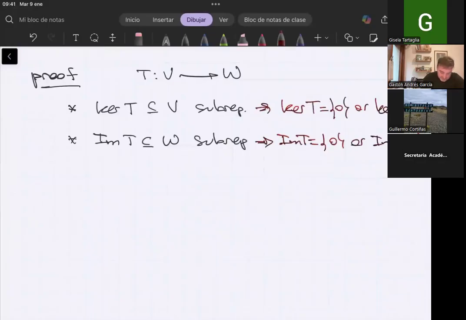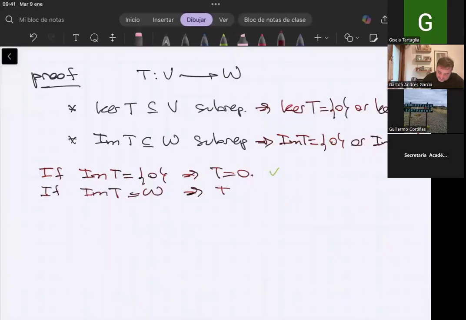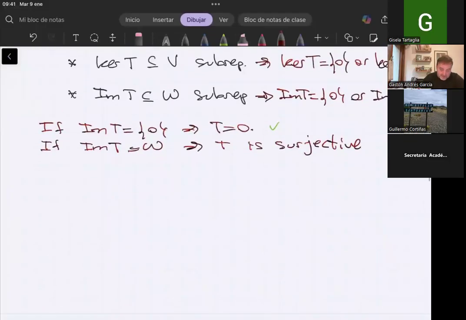So if the image is 0, then the map is 0. Okay, so nothing to say. If the image is everything, then T is surjective. Now we look at the kernel.